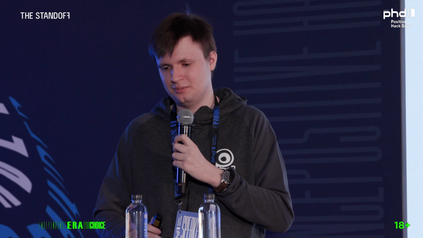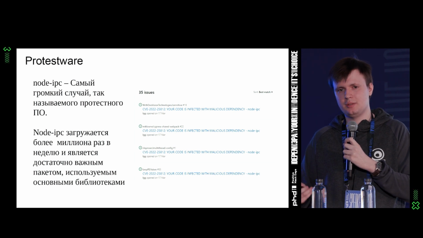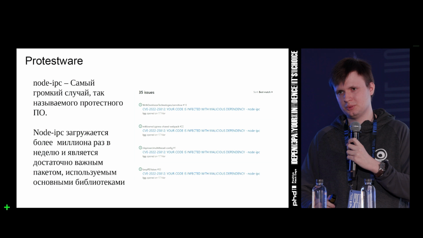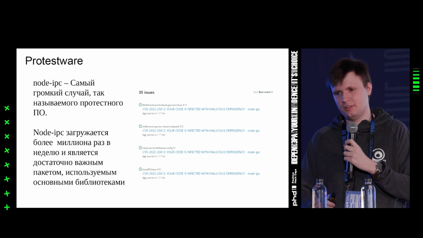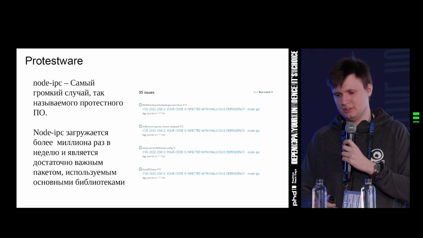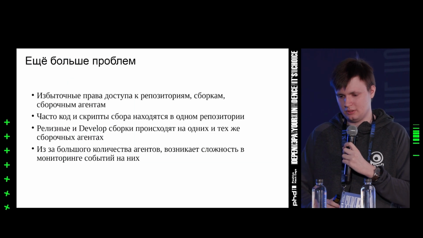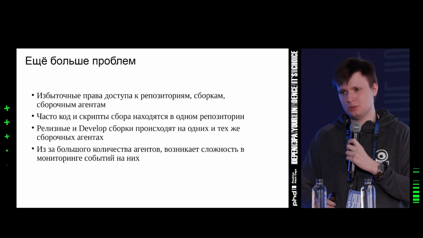The developer of a popular package, node-ipc, protesting, just added to the code some malware which checks the IP of the company where it's launched, and if it belongs to Russia or Belarus, then the files are overwritten. So you can only have the files with hearts instead of your proper files.